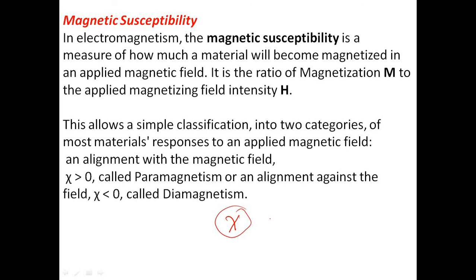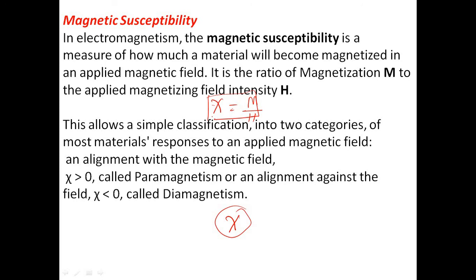I repeat, it is a measure of how much a material will become magnetized if it is in the applied magnetic field. It is the ratio of magnetization M to the applied magnetic field intensity H. So susceptibility equals M by H. This is the formula for susceptibility.